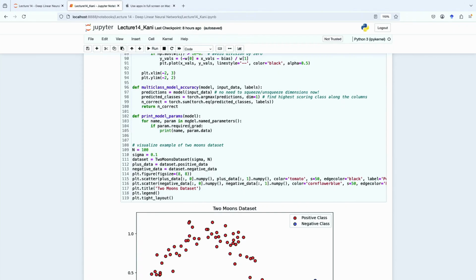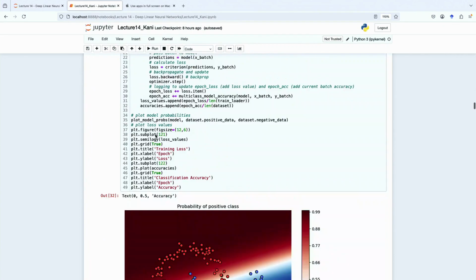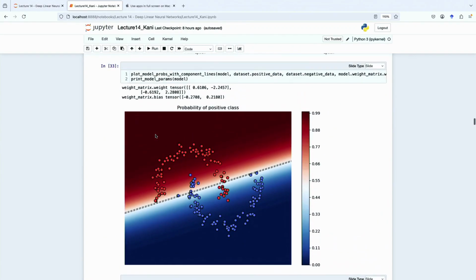We say, model, what are all the named parameters? We loop on all the named parameters. We look for the parameters that require gradients because there are many parameters that are just sort of bookkeeping stuff for PyTorch. So you want to look for the parameters that you're actually iterating on, and then you print those parameters there, right? So this is a very useful function because now we are able to actually plot the ideal separation that PyTorch optimizes to in order to separate one class from the other class.